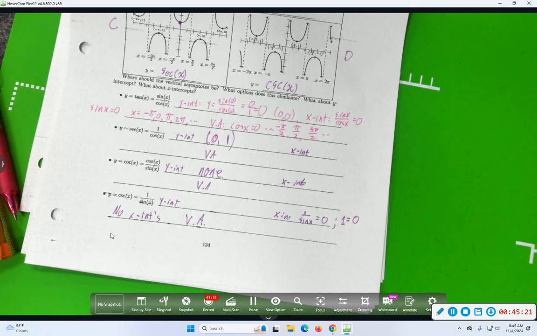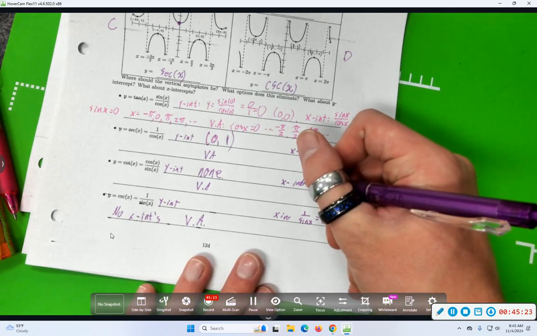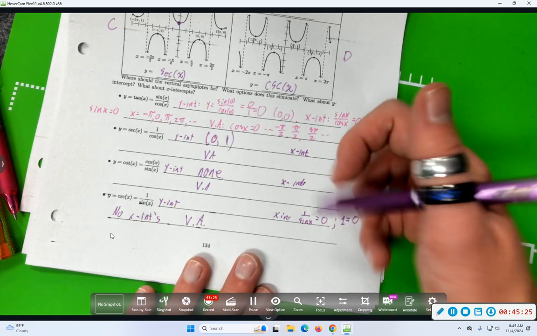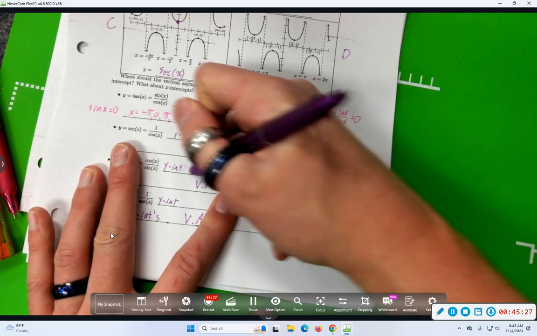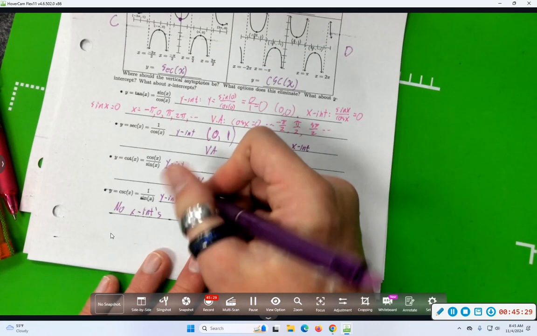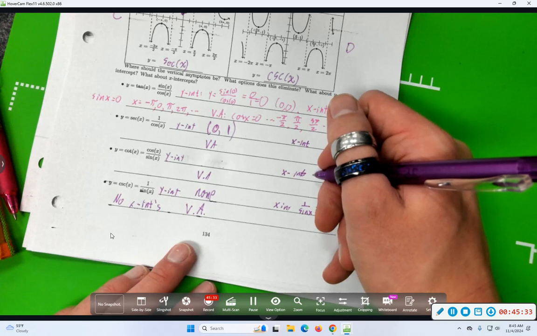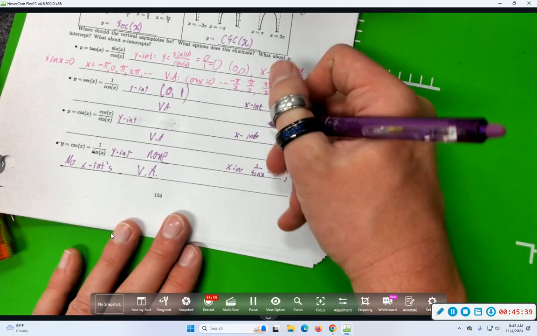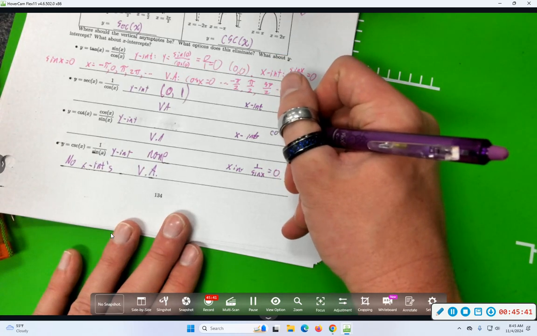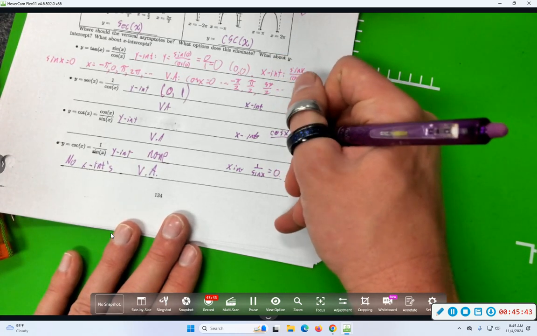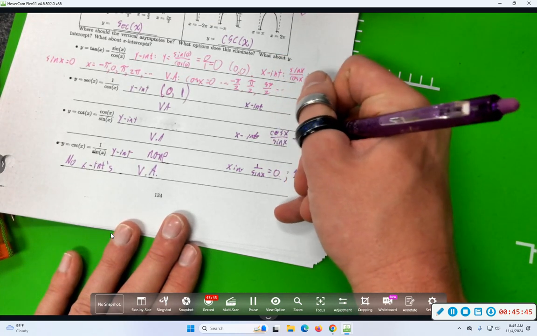For cotangent, let's play the same game. Oh, I wrote none in the wrong place. We were talking about cosecant. Let's find the x-intercepts of cotangent. Well, I guess you can look at the graph and see that cotangent also has no y-intercept. We haven't justified that. So let's see, it would be cosine x divided by sine x equals 0.